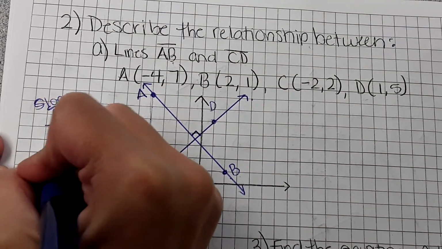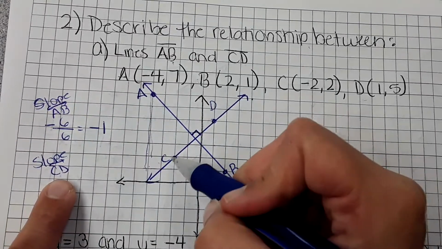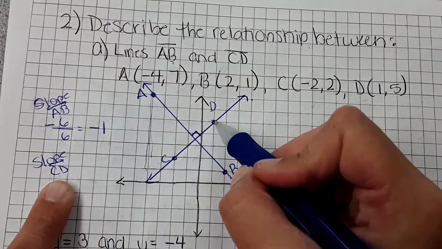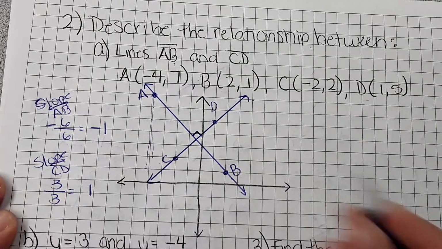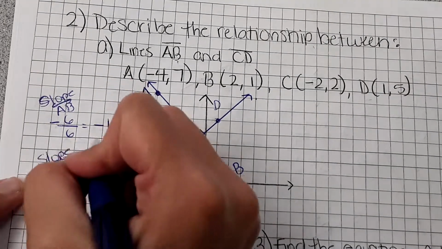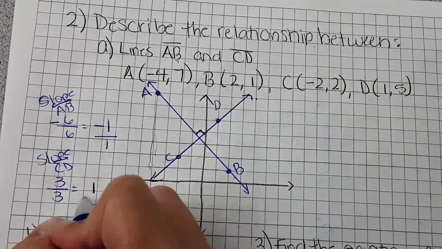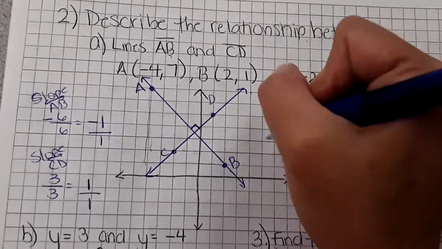And then the slope of CD goes up 3 over 3. So 3 over 3 equals positive 1. So you're looking at, are these slopes negative reciprocals? Well, negative 1 over 1 flipped would be positive 1 over 1 as a negative reciprocal. So yes, they are perpendicular.